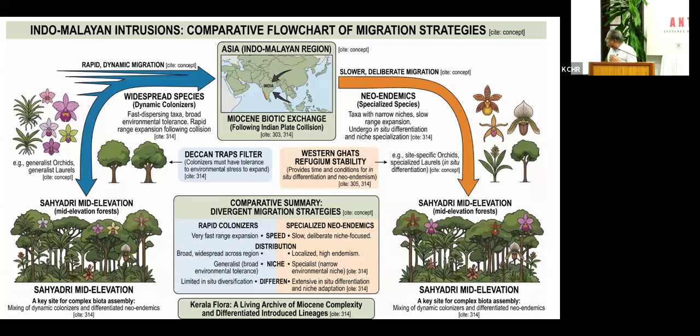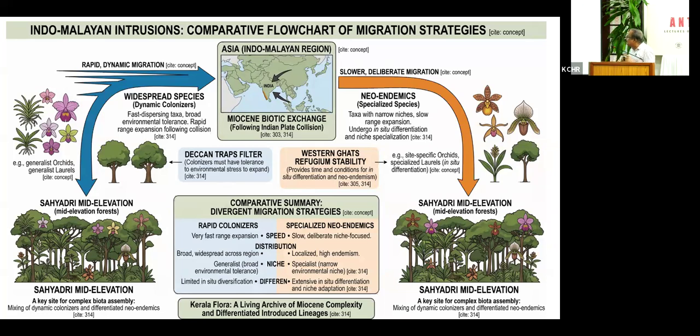So the Kerala flora has become a living archive of Miocene complexity and differentiated introduced lineages. The lineages are largely from Gondwana, from the Indo-Malayan region, and from the Chinese or Sino-Indian region, the Himalayan region or the temperate region.